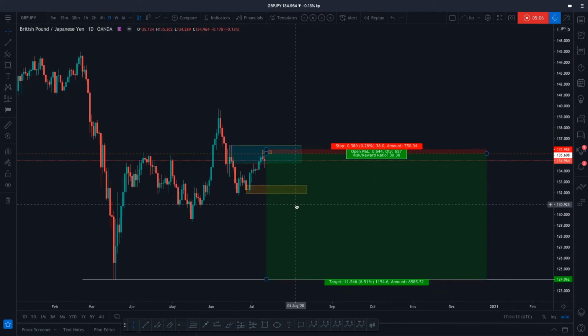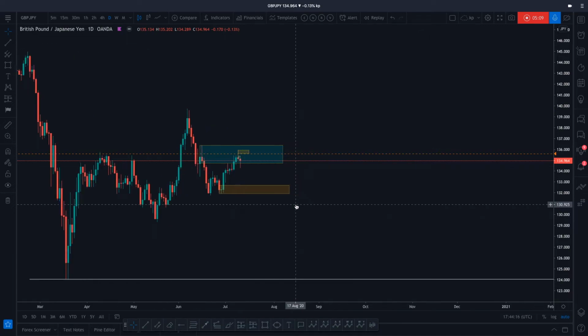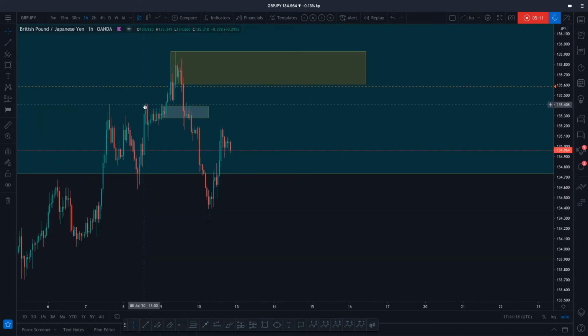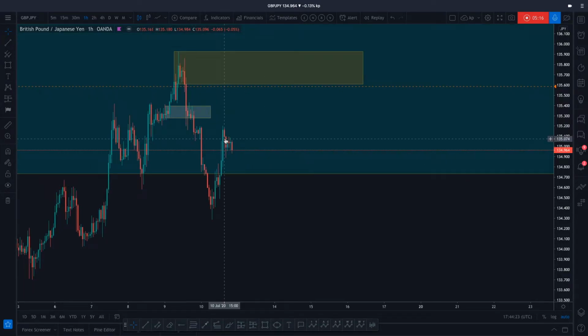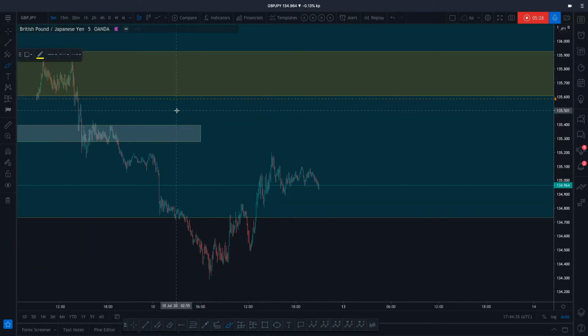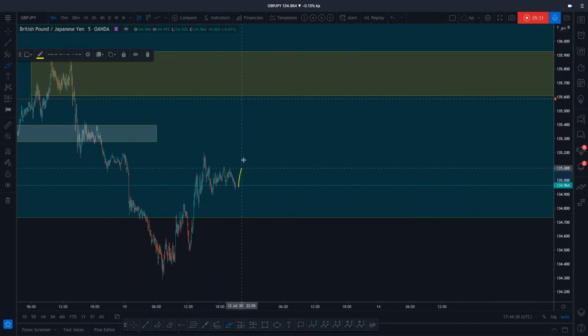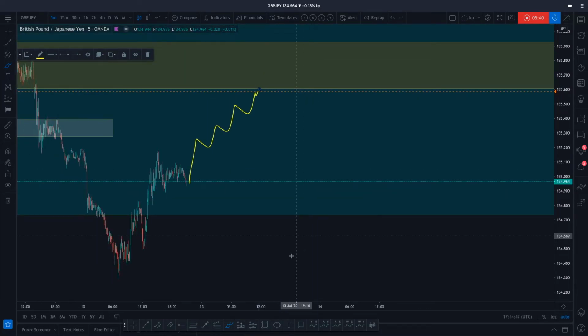What I will also do is enter twice on this trade, or I try to enter twice, because I want to get a better entry. Once the price touches the trigger event, you look on the 5-minute chart.